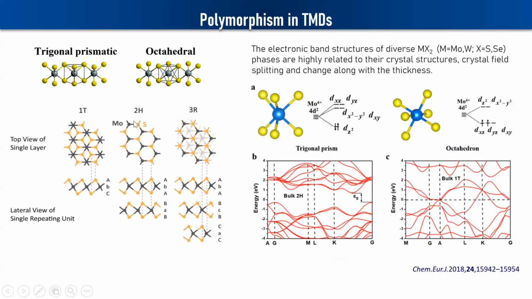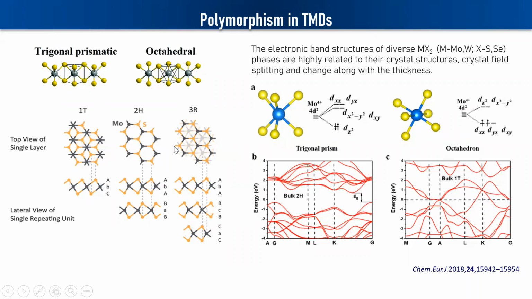So as I told you, you have this 1T phase, and then in the trigonal prismatic configuration, you have both 2H and 3R configurations. In 2H, the stacking is ABA, BAB, whereas in 3R, it is ABA, BCB. So this is how the stacking is different for 2H and 3R.